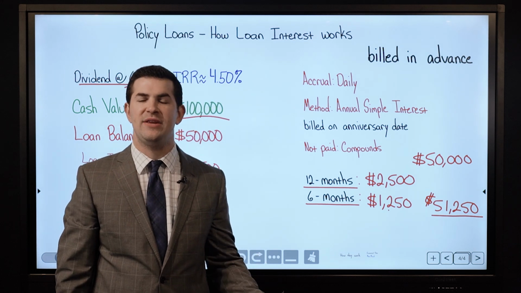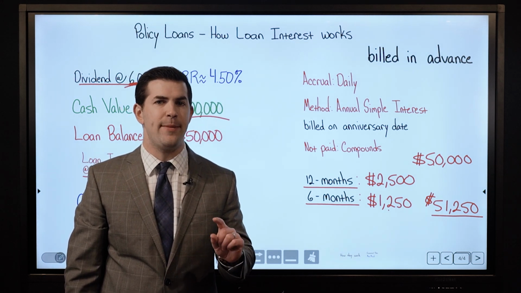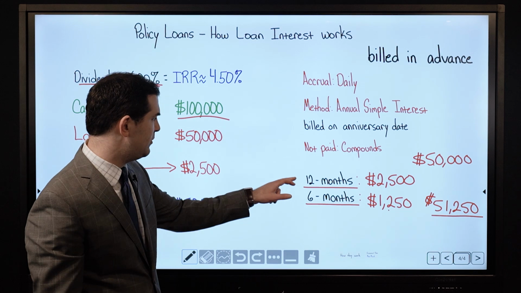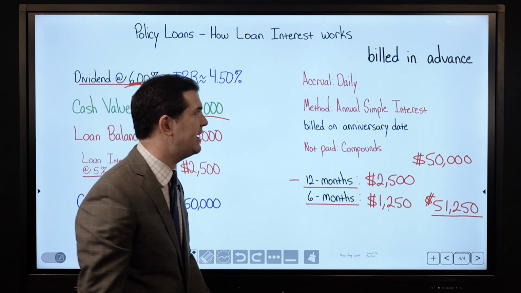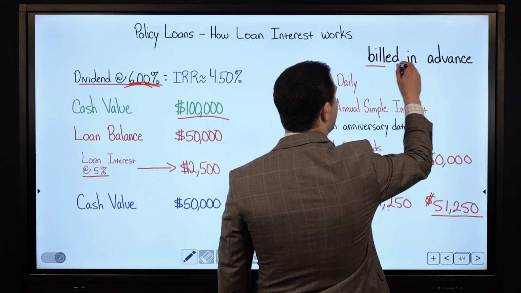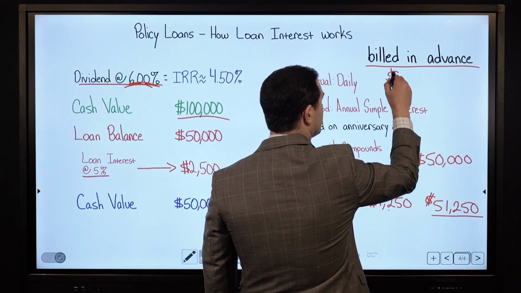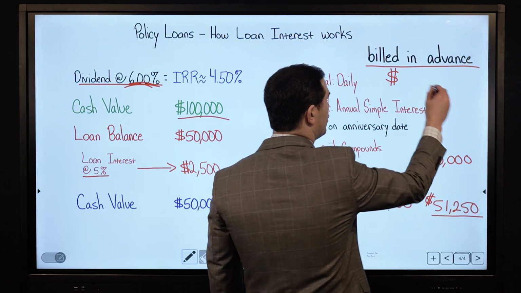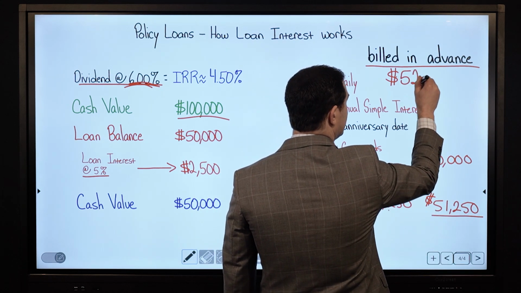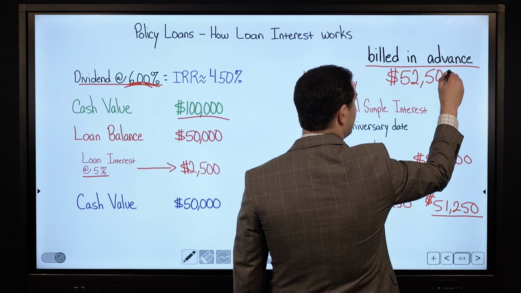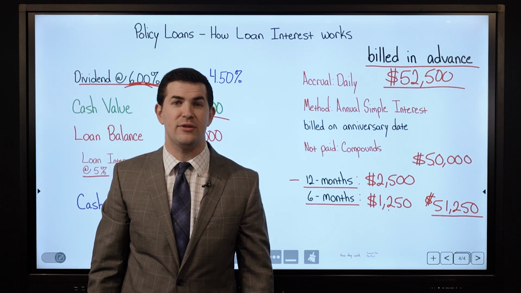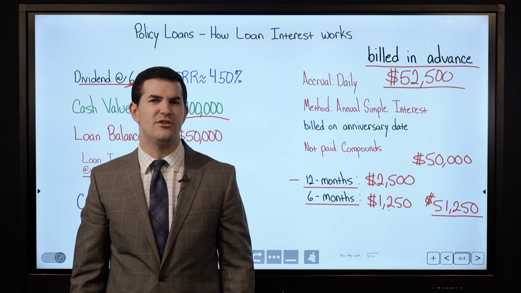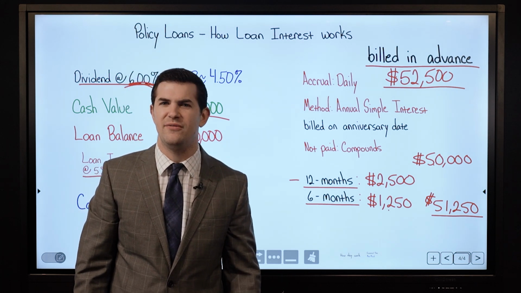If you take that $50,000 loan, what'll happen is, let's again assume it's January 1st, day one of your policy anniversary date, your day one balance on your statement or on your online portal would read $52,500. They bill everything up front. And some people hear that and say, ooh, I don't want that. It's confusing. And I think it's a little confusing too.